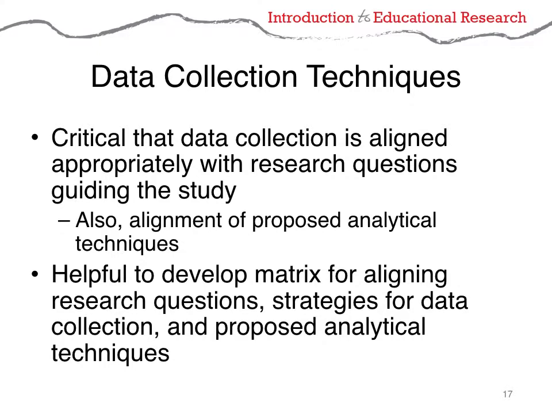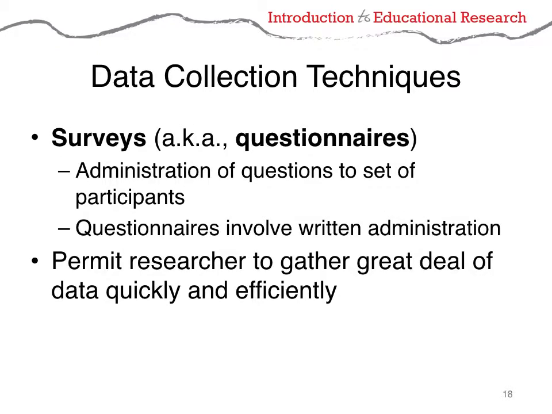And this data collection really just matches your research questions, and then your aims, and your methodology will guide what type of data you're going to collect. You can make a matrix aligning questions and data collection strategies.